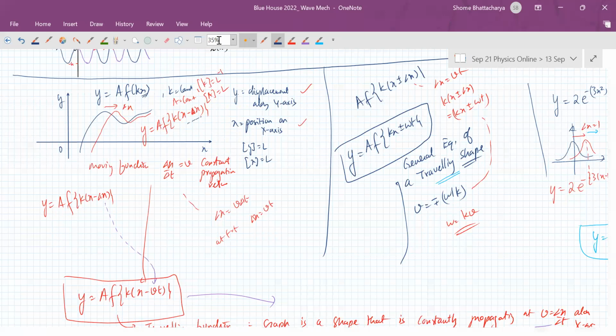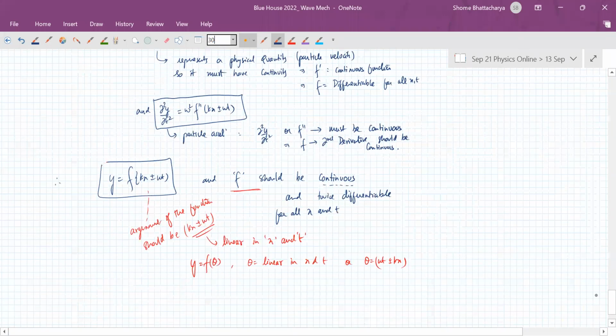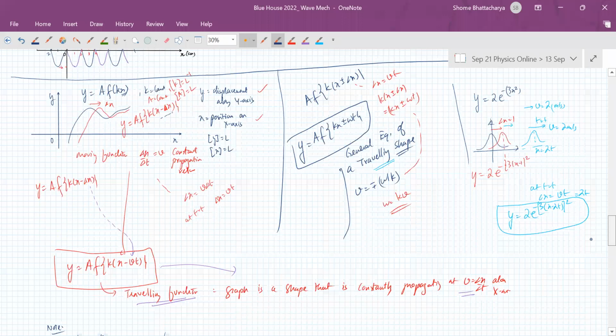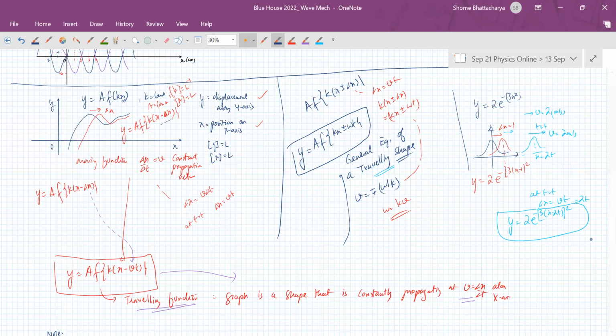The general equation of the traveling wave, no? Yes. Yes, sir.